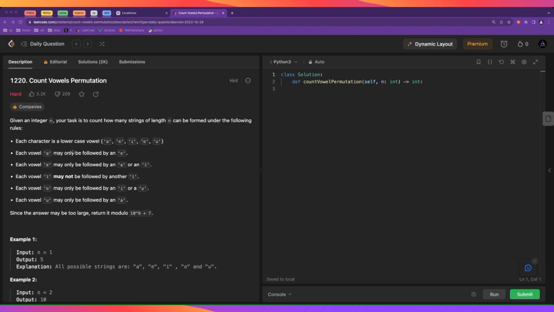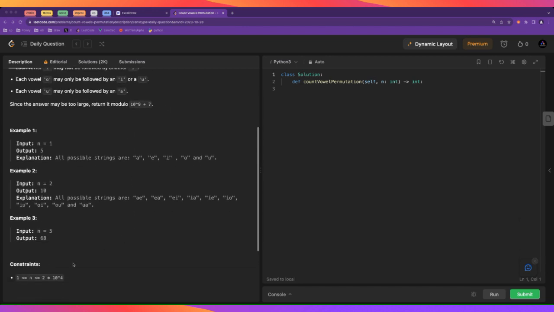A may only be followed by an E, E may only be followed by an A or an I, I may not be followed by another I, O may only be followed by I or a U, and so on. Since the answer may be too large, return it mod 10 to the 9 plus 7, which is the usual modulo. And n can be up to 20,000.